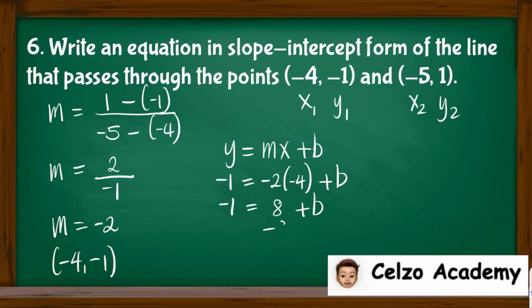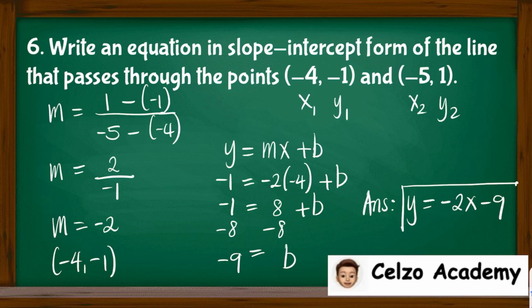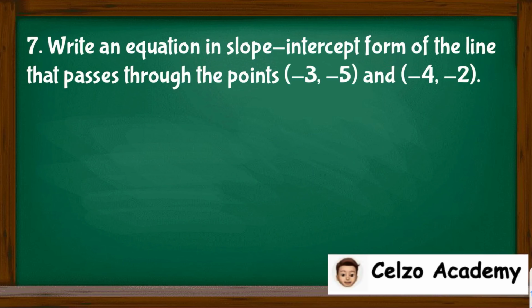Now we subtract 8 from both sides. So the b value is -9. Substituting m is -2 and b is -9, our answer is y equals -2x minus 9.